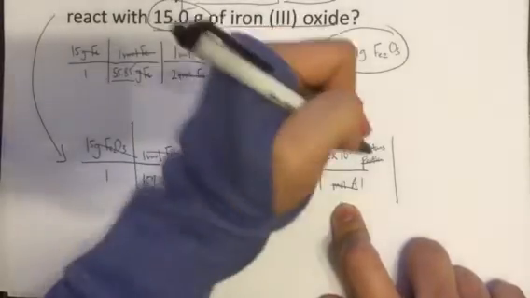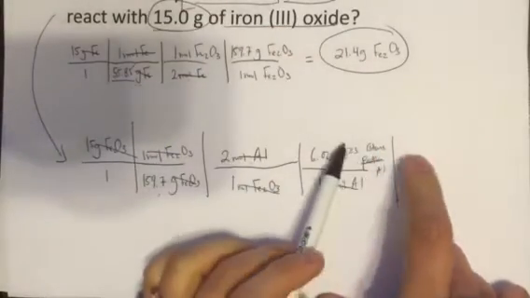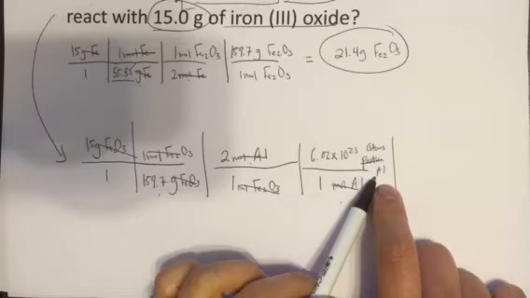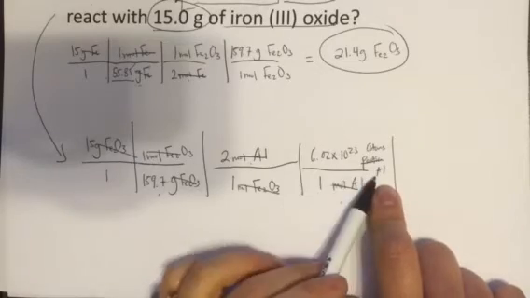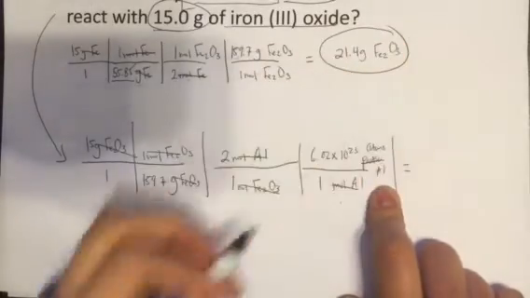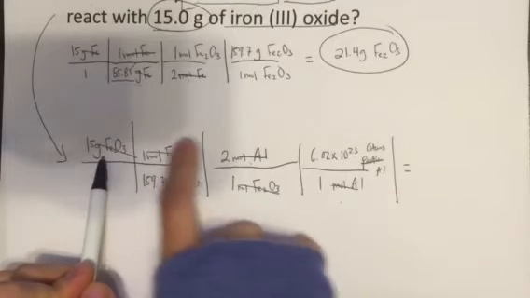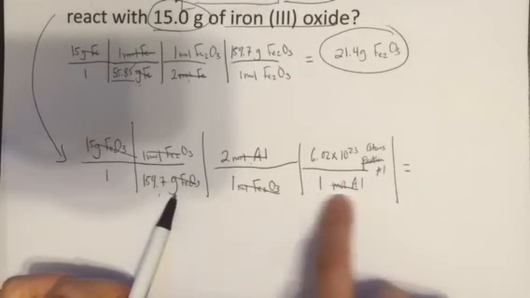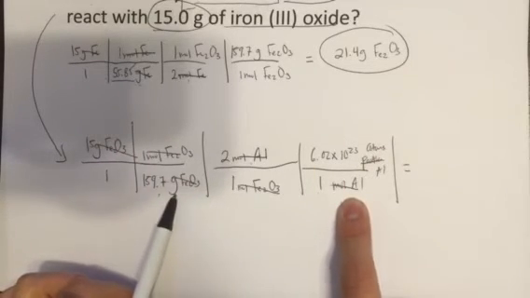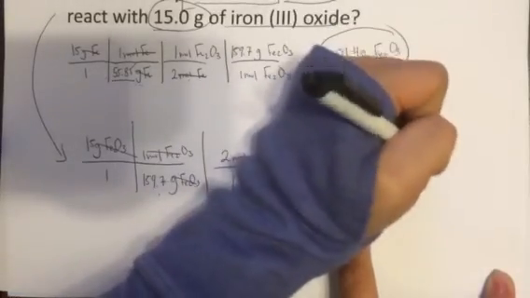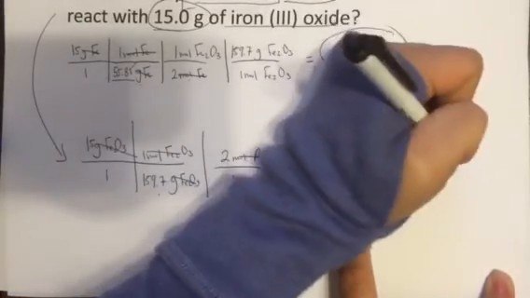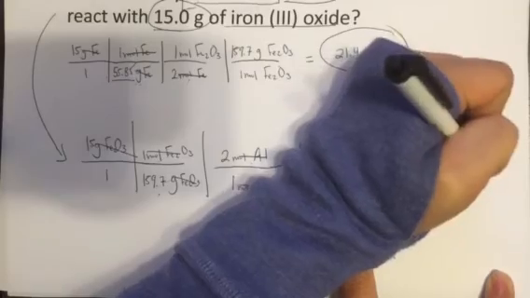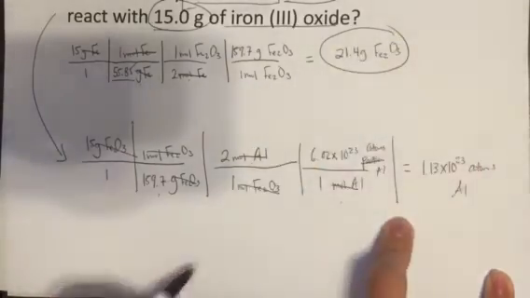The only unit I am left with is atoms of aluminum here. Okay, so I know I'm on the right track. So again, all you have to do is multiply that straight across and divide it by that, and your answer should be something like 1.13 times 10 to the 23 atoms of aluminum.